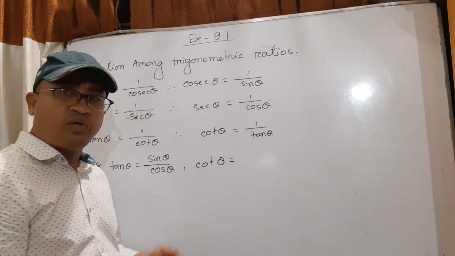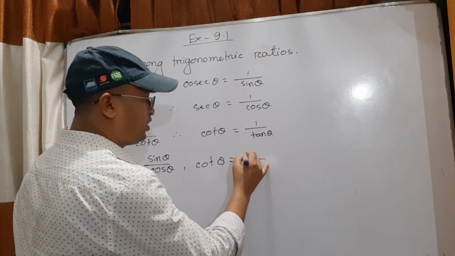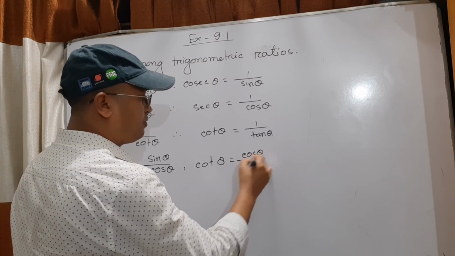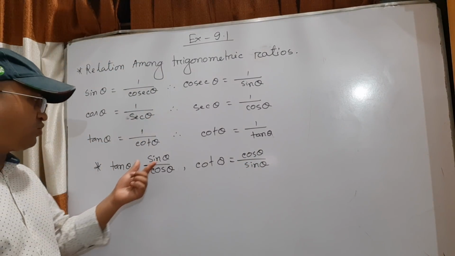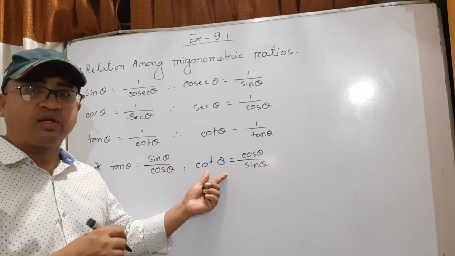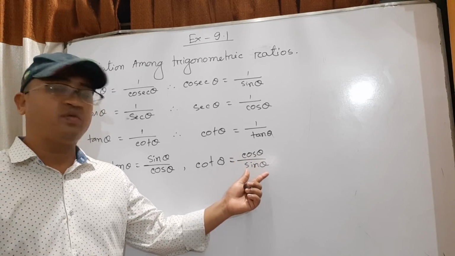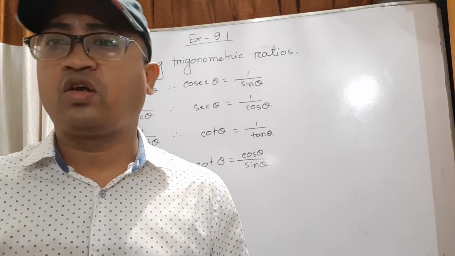Definitely cot theta will be the reciprocal, the opposite of tan theta, that is cos theta by sin theta. These are the relations among the trigonometric ratios.